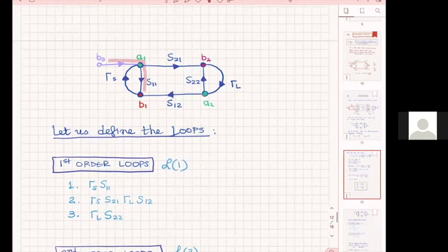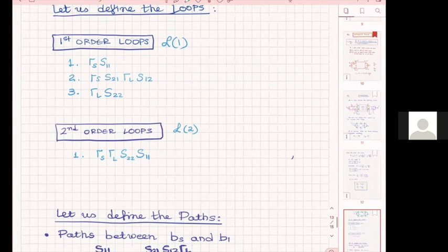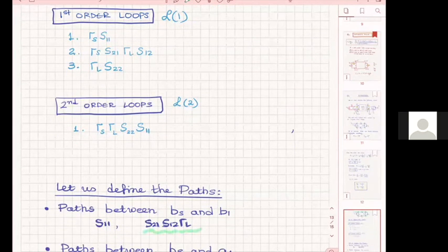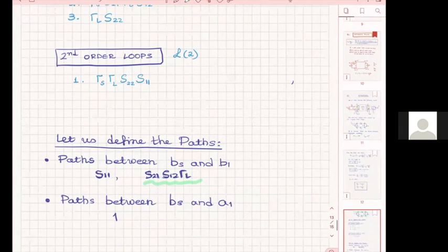Let me see whether there is another path from BS to B1. There is another one, obviously, and it's this one. Look at that. It goes like this, goes like that, and stops here. That's another path. And the value of this path is S21, gamma L, S12. And I have it here. Okay? So what do I do now?